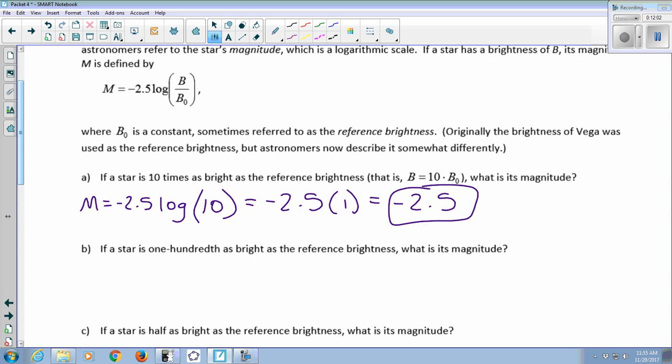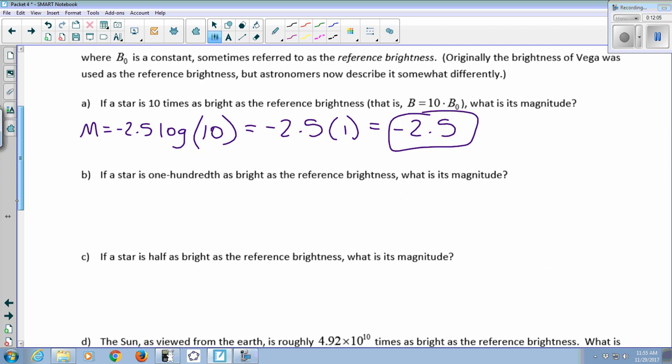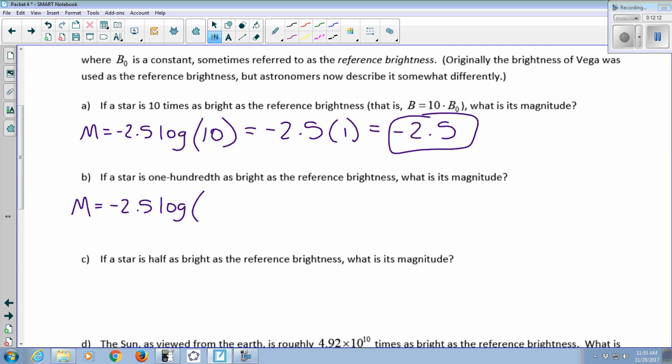If a star is 1/100th as bright as its reference brightness, calculate its magnitude. It's negative 2.5 times the log of 0.01, 1/100th. So the log of 0.01 is negative 2. So this is negative 2.5 times negative 2, which is 5.